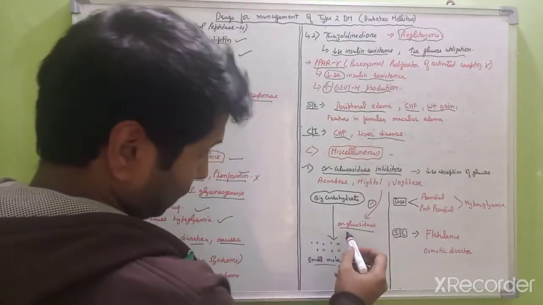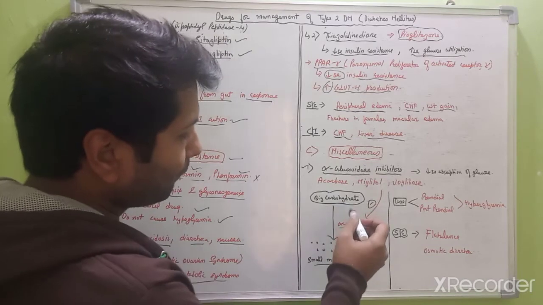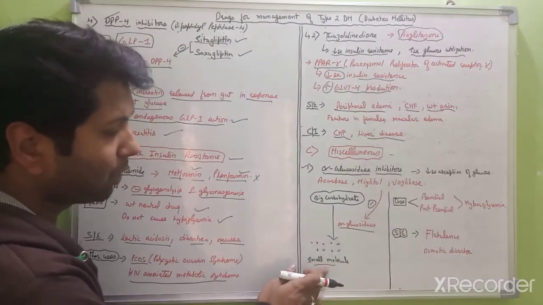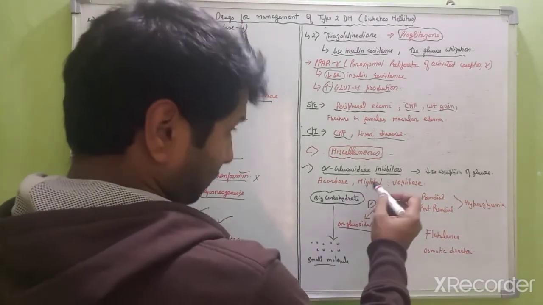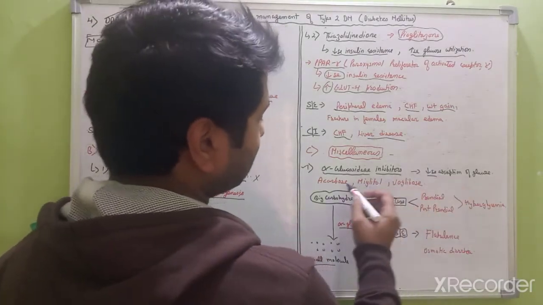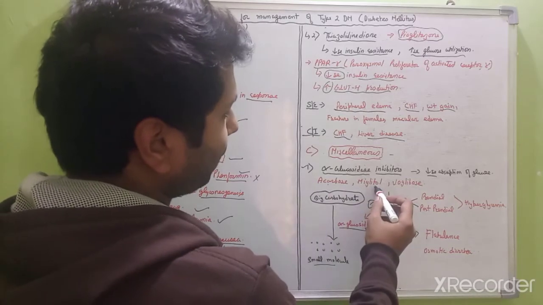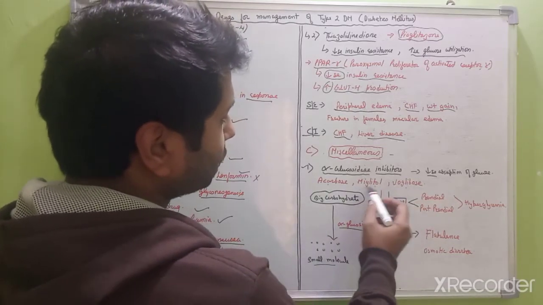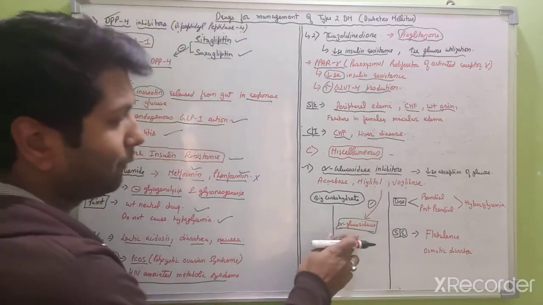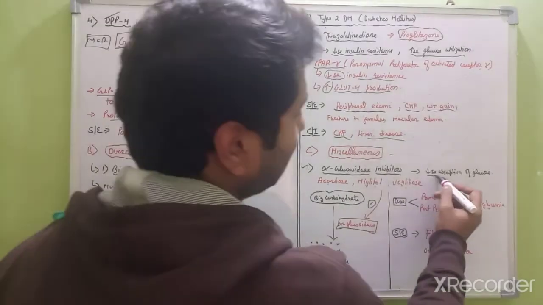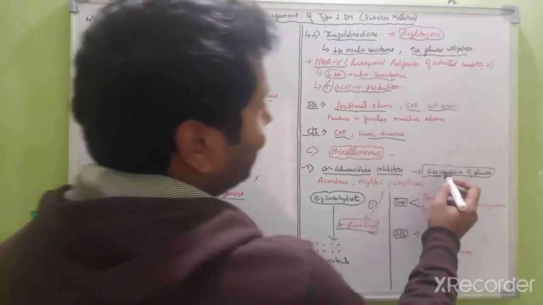So this enzyme breaks down the big carbohydrate molecules into small carbohydrate molecules. These drugs, acarbose, miglitol or voglibose, will inhibit this enzyme, and after inhibition of this enzyme, there is a decrease in the absorption of glucose.